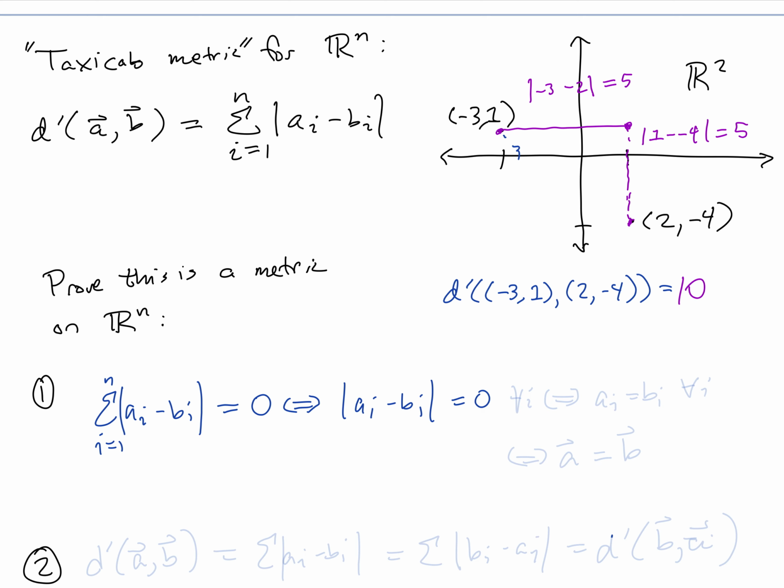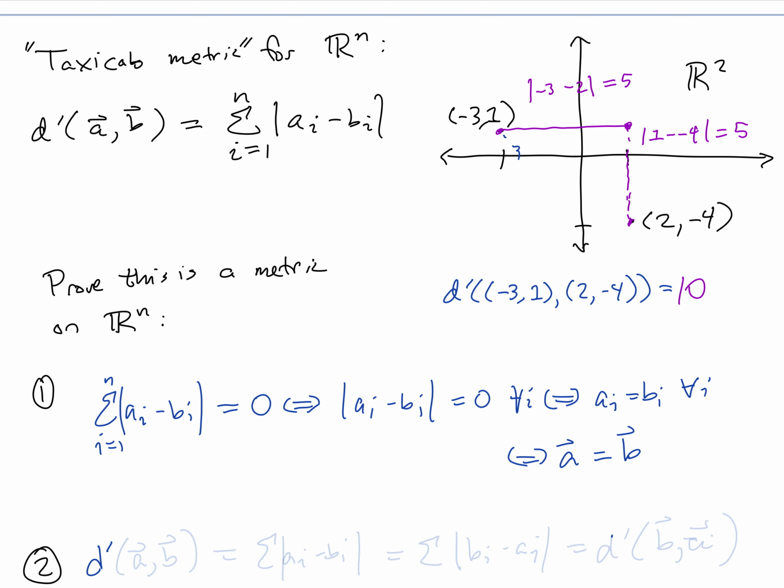Non-negative real numbers can only add to 0 if each one of them is 0. So this is for all values i, and this would be true if and only if ai is equal to bi for all i, and that is true if and only if the vector A is equal to the vector B. All right, so the distance between two elements in the set is 0 if and only if those elements are equal. 2, we want to show that this is symmetric.